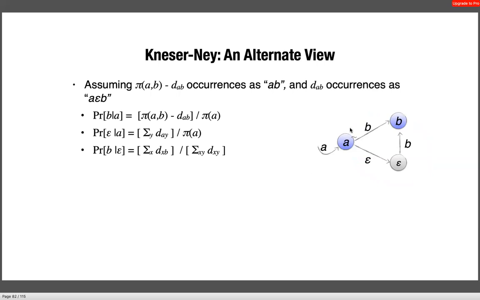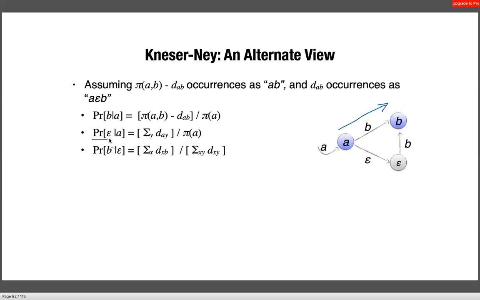Now, the probability of B given A would just be the number of occurrences. I'm essentially considering the probability of this transition being traversed. So the probability of B given A is pi AB minus DAB divided by pi A, right? This is just the relative count.